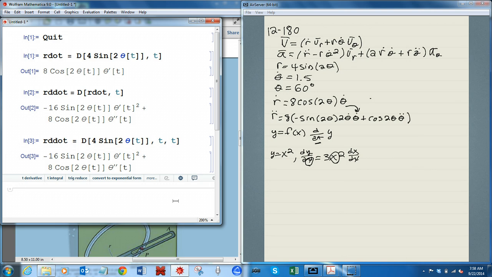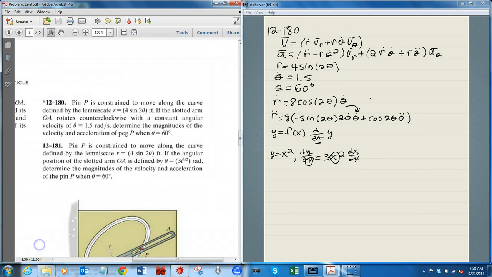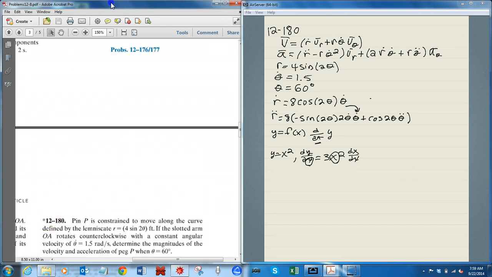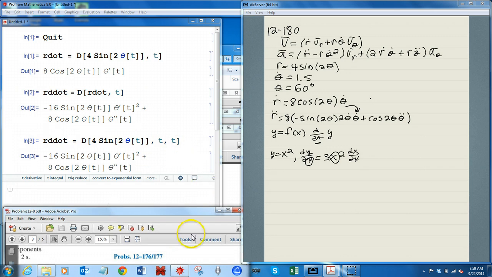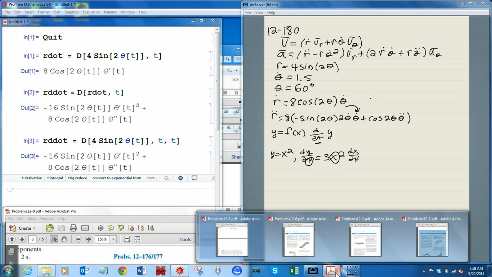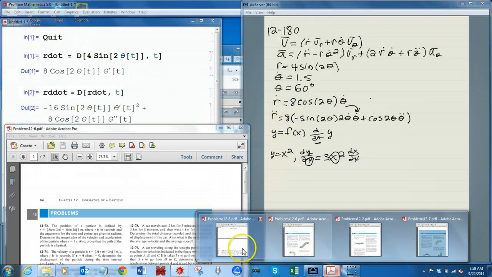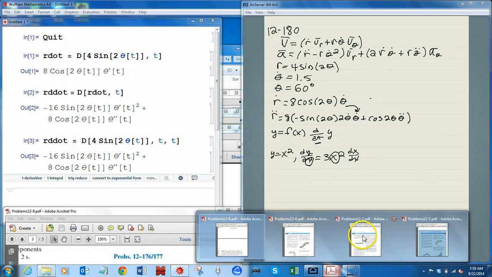Okay. Which one do you want to see? 12-108. Do you know what section? It's the same section, 108? No. It's on page 51. No. Let's see. Oh, it's an XY thing? Okay, I know what chapter that's in then.